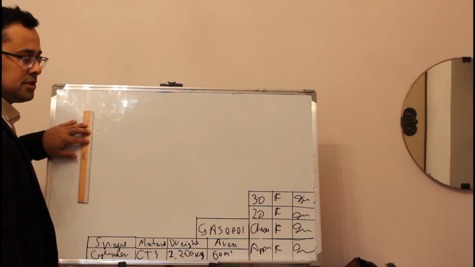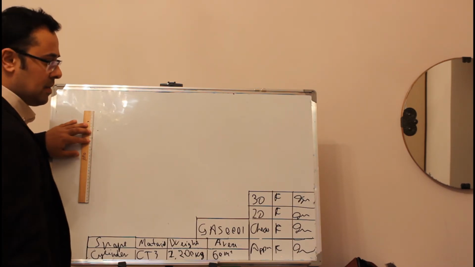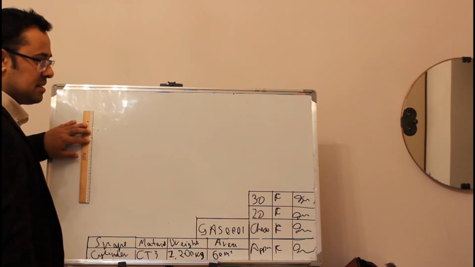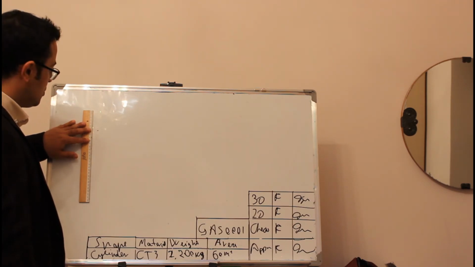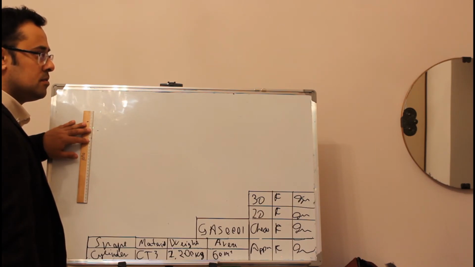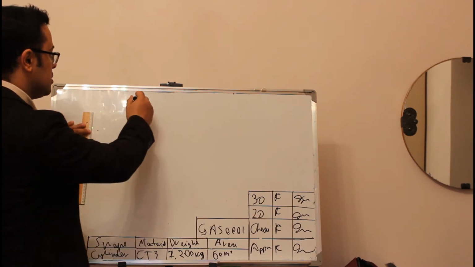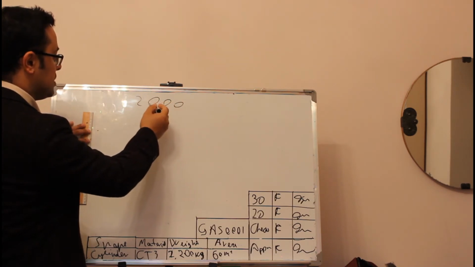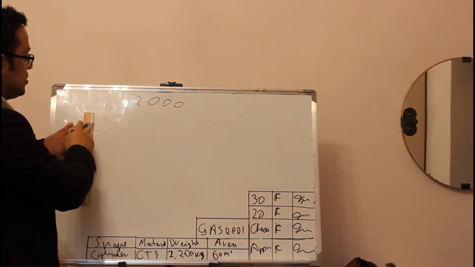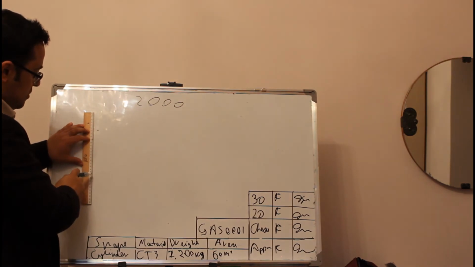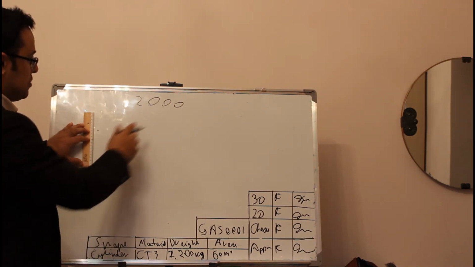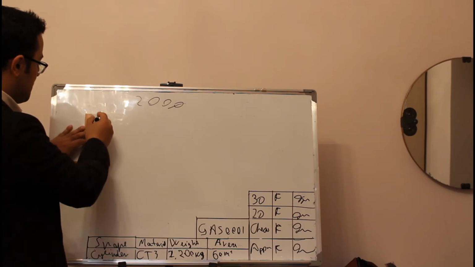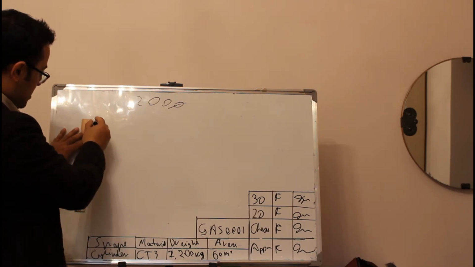So let's say it's 2 meters height for the cylinder. If I divide 2 meters, so 2 meters is 2000 millimeters, by 100, it will be 20 millimeters. 20 millimeters is small. I want at least 200 millimeters, so I divide it by 10 and go like this.